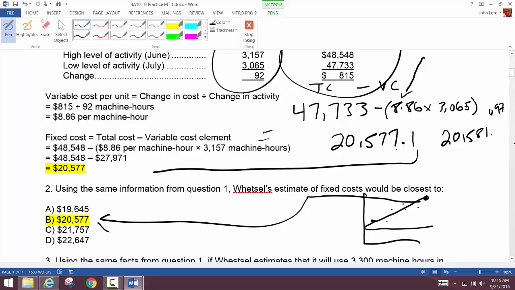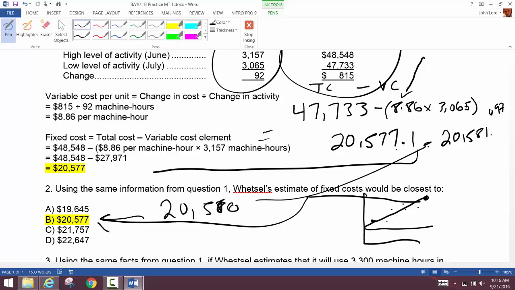For example, I'm not going to give you as a choice here 20,580 or 20,577, and you're sitting there saying, does John want me to use 20,577 or 20,581? We're not going to be doing that. Clearly, you can see that the other numbers are far enough away that 20,577 has to be the correct choice here, right?